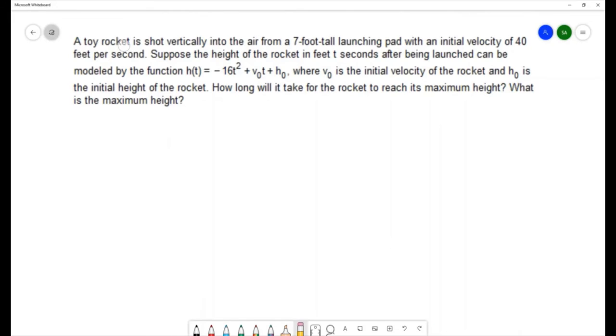A toy rocket is shot vertically into the air from a 7-foot-tall launching pad with an initial velocity of 40 meters per second.